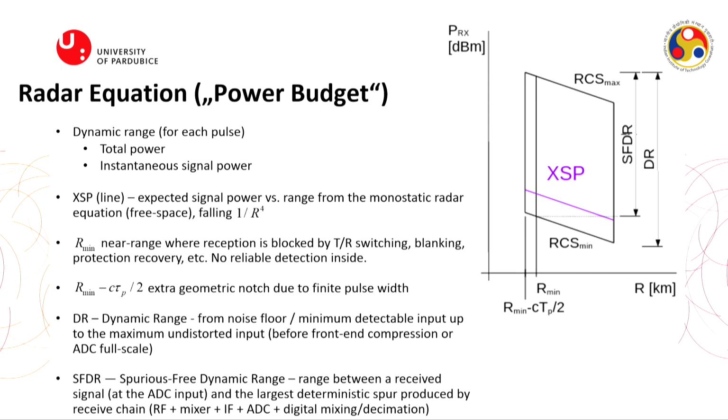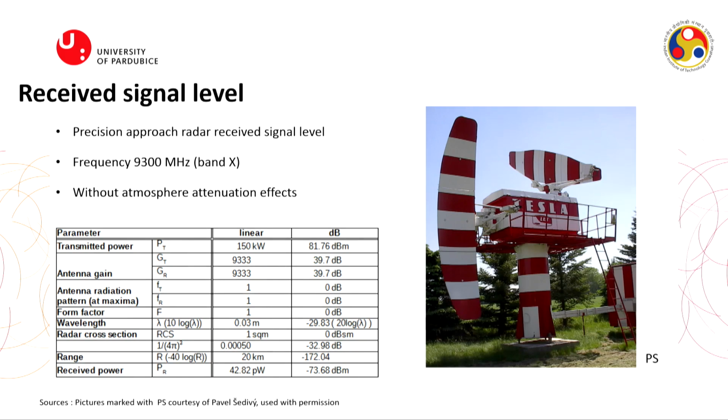I'm sorry, I have so many slides that about 2-3 slides I need to skip. There is an example of received signal level from a precision approach radar. You can see the transmitter power is about 100 kilowatts.